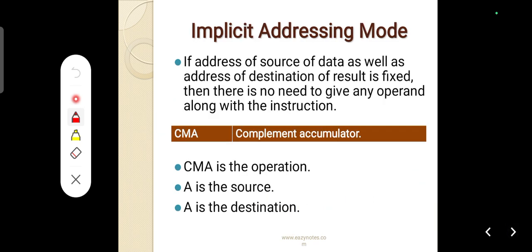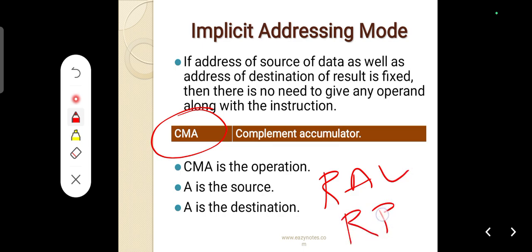Now comes the last, that is implicit mode of addressing. Implicit mode of addressing means here we don't need any operand, because the instruction itself is capable of performing the execution. As an example, CMA, complement accumulator. Here we don't need any type of operand. For example, RAL, that is rotate accumulator left. For example, RRC, rotate right with carry.